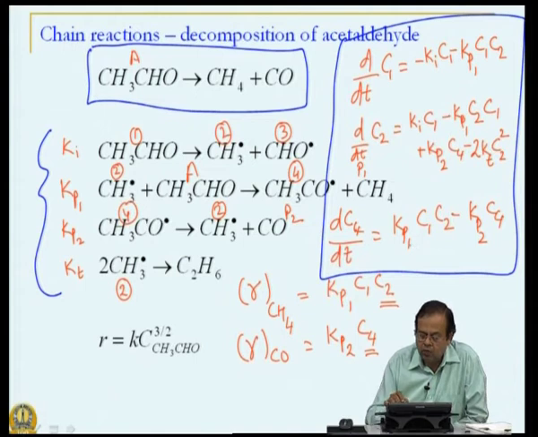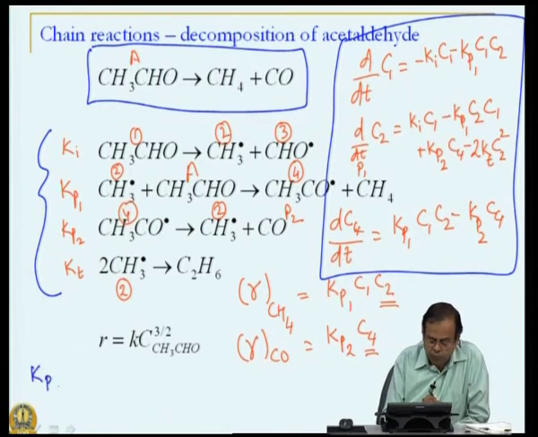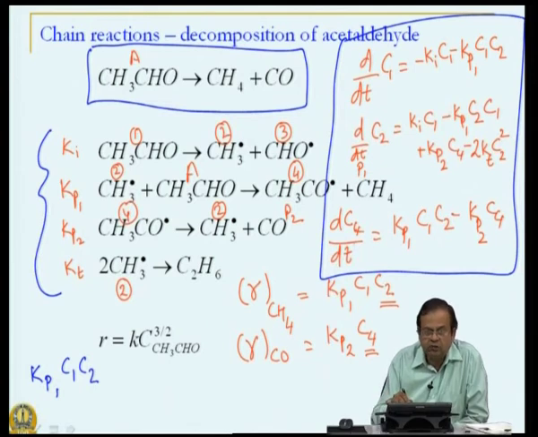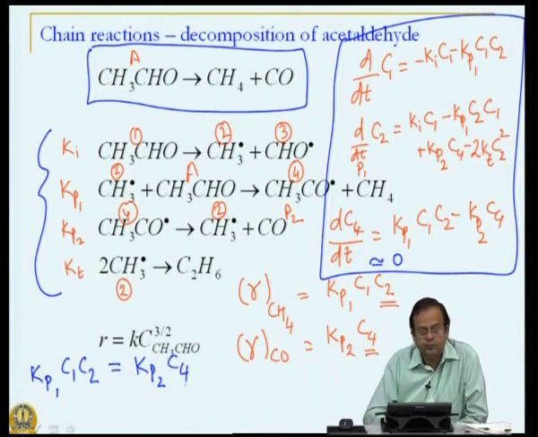So, there we see that if we set dC4/dt close to 0 because of quasi steady state, Kp1 C1 C2 is Kp2 C4. Okay. So, that is the first result.